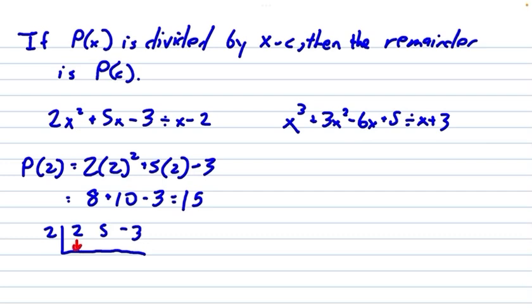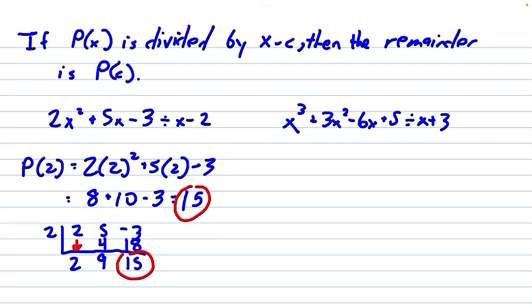Okay, we drop this 2 and we multiply. 2 times 2 is 4. 5 plus 4 is 9. 2 times 9 is 18. And negative 3 plus 18 would give us 15. And as we showed earlier, that is our remainder. Okay, that's just a check.